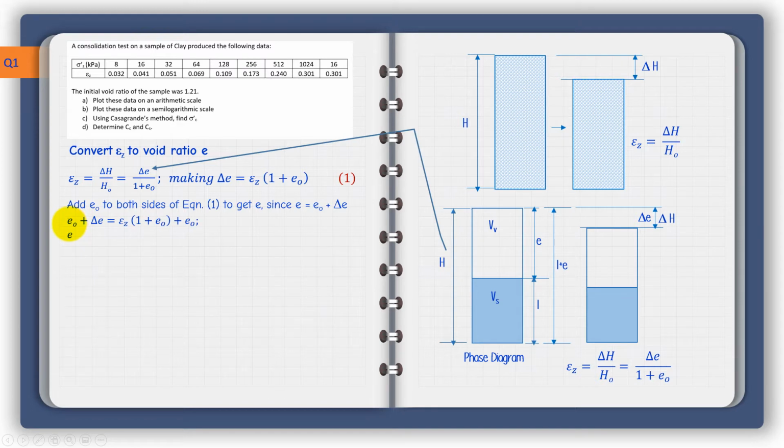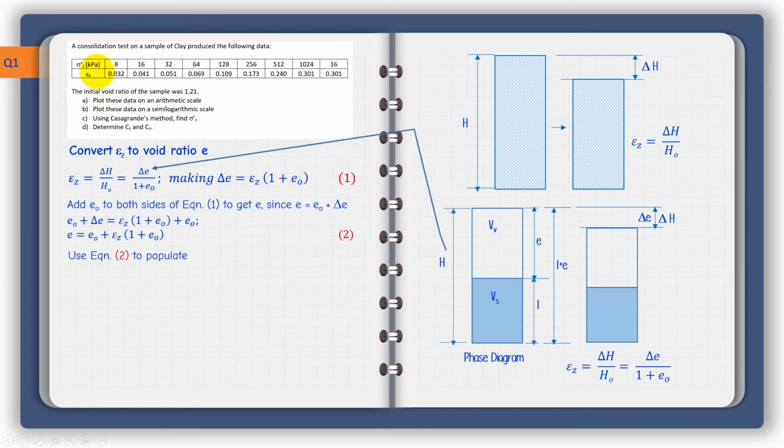Void ratio is the initial void ratio plus the change in the void ratio, and this gives us this important equation 2. That is the void ratio as a function of the initial void ratio and the axial strain, vertical strain epsilon Z here.